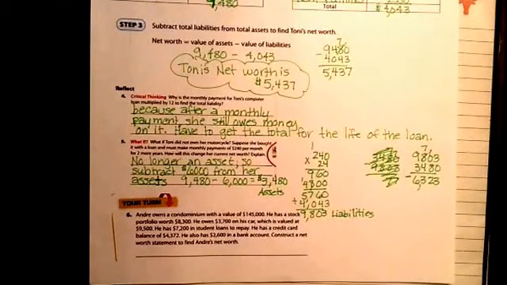Okay, on the your turn, you are calculating this problem. Let's go ahead and read it. Andre owns a condominium with a value of $145,000. He has a stock portfolio worth $8,300. He owes $3,700 on his car, which is valued at $9,500.